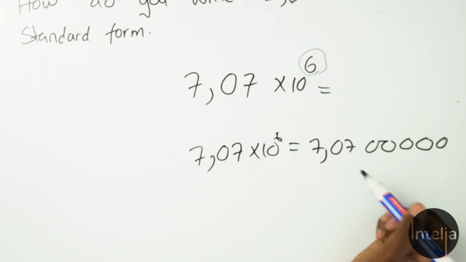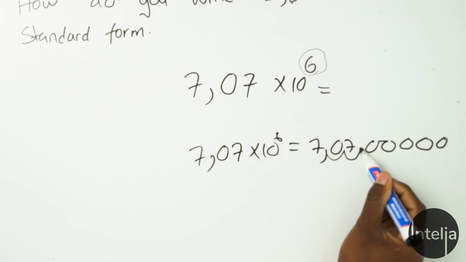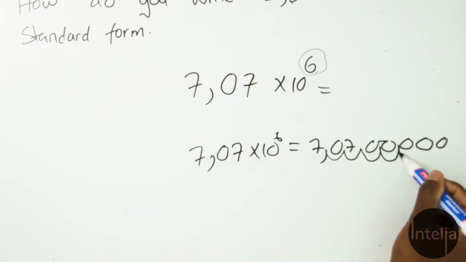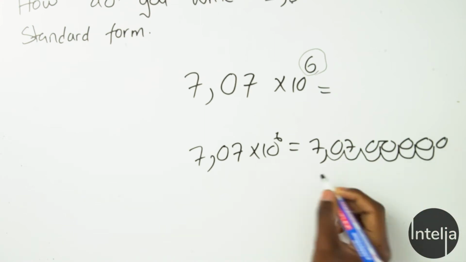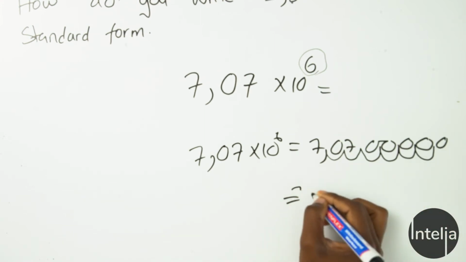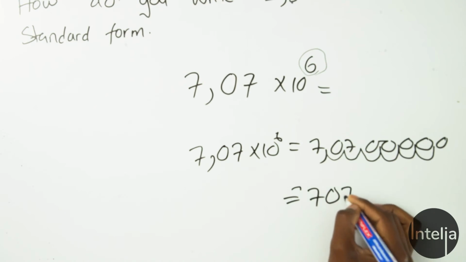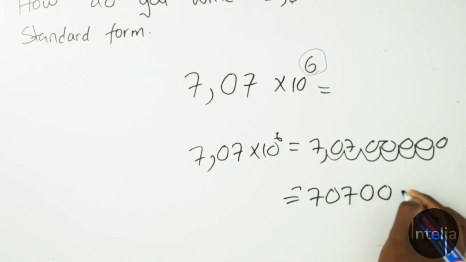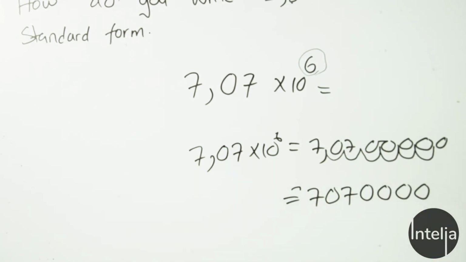So you count 6 times: 1, 2, 3, 4, 5, 6. So your answer will be 7,070,000, like this. That will be your answer, or you just leave it like 7070000.